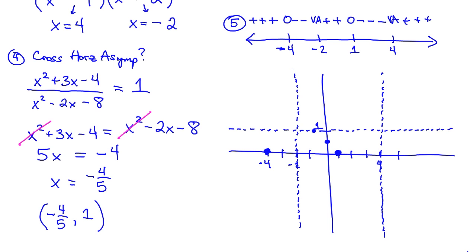And we also know that it's going to be negative between negative 4 and negative 2. So that means as it approaches the vertical asymptote at x equals negative 2, there's going to be some negative values. So it's going to have to be down here. The question is, why couldn't it be up here?